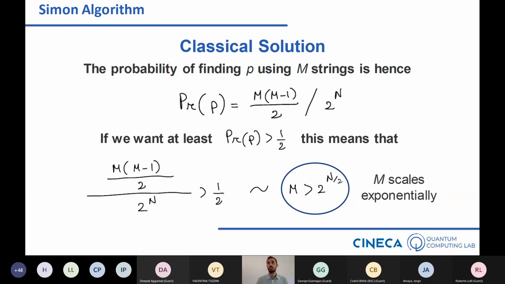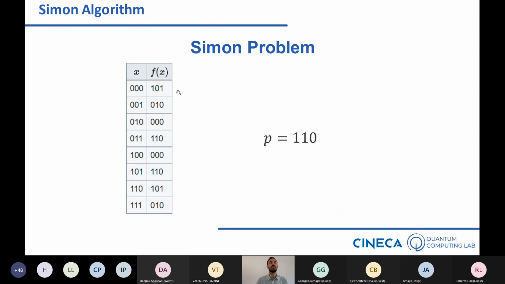So this is the classical solution. Of course, like before, you can be lucky and find it immediately. So immediately you get 0, 0, 0, and you get an input, this one, and you're very lucky, and you just do it one time.